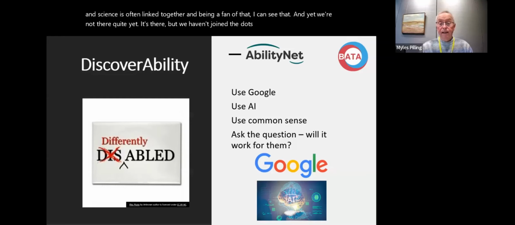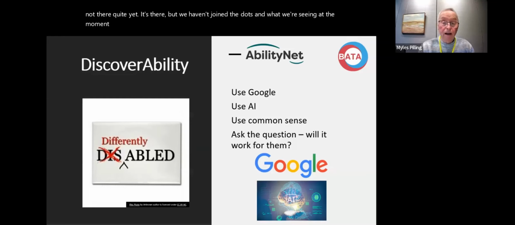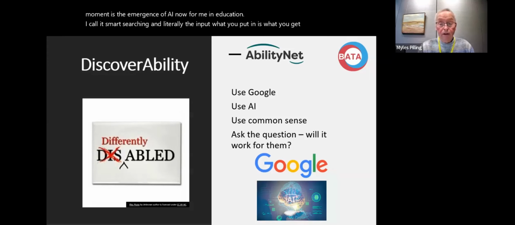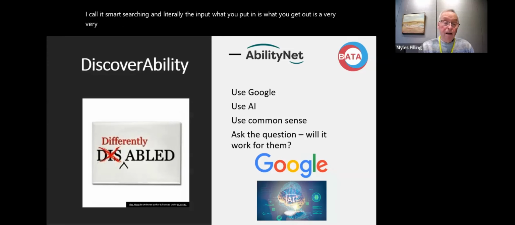And what we're seeing at the moment is the emergence of AI. Now, for me in education, I call it smart searching. And literally the input, what you put in is what you get out, is a very, very important point with AI. And it must never be taken as gospel truth, but you could actually look at it, edit it, and make it work for you.